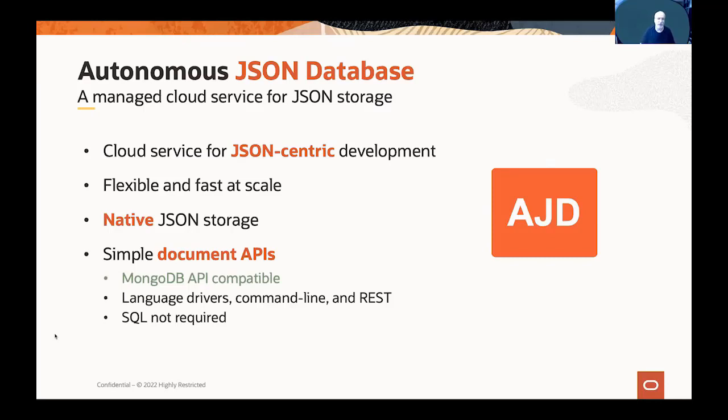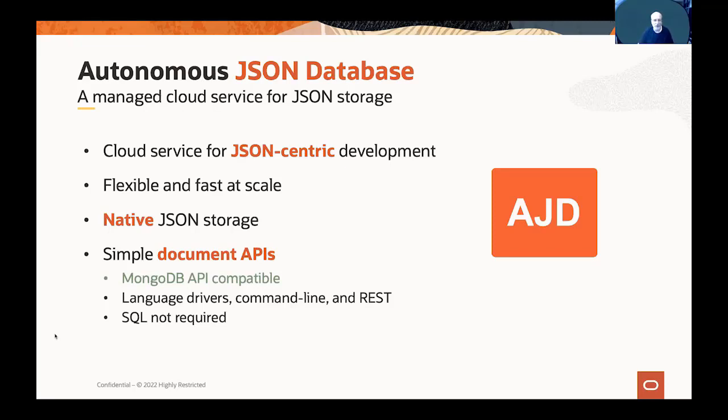It's a subset of the full Autonomous Transaction Processing, and it's only subsetted in as much as it limits the amount of non-JSON data. Otherwise, it has all of the capabilities of Autonomous Transaction Processing.